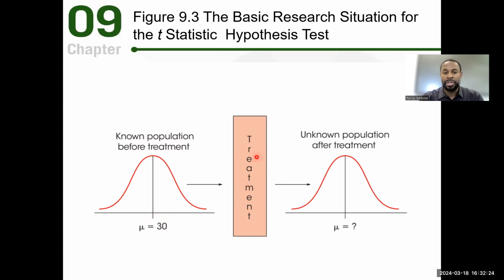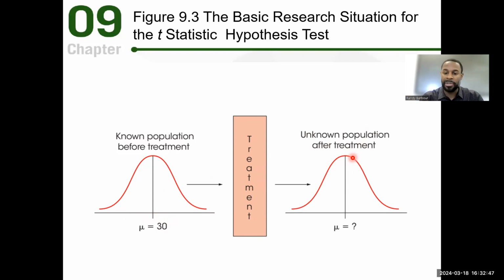Okay, so you have your treatment, and then you'll have the unknown population after treatment. For researchers working in the real world, you won't know the population standard deviation, and you won't know the population mean after the treatment. So you have to use your sample to estimate those values.